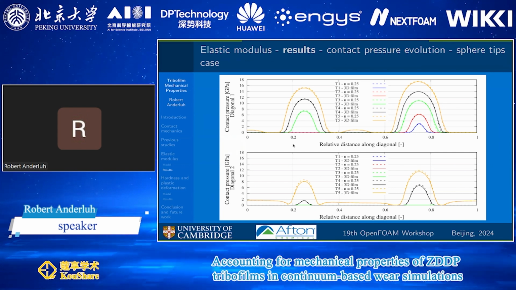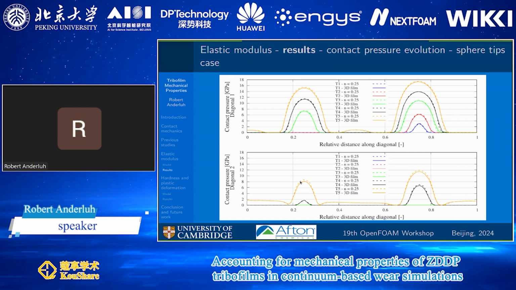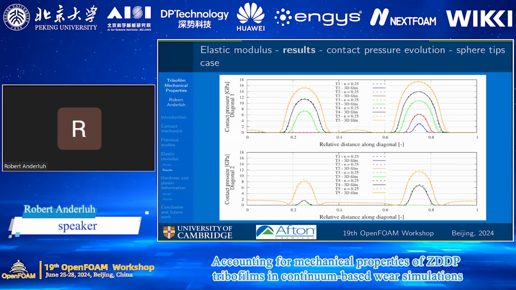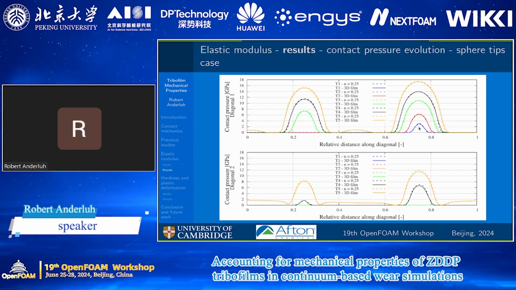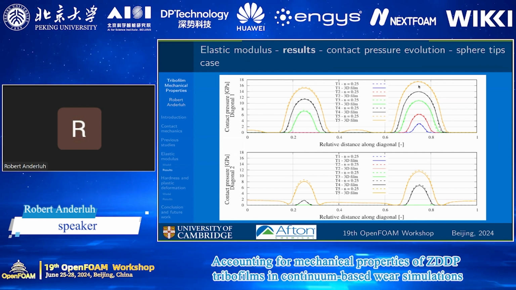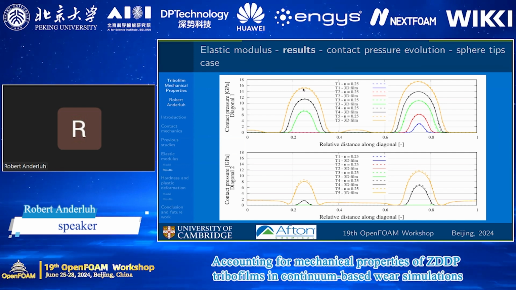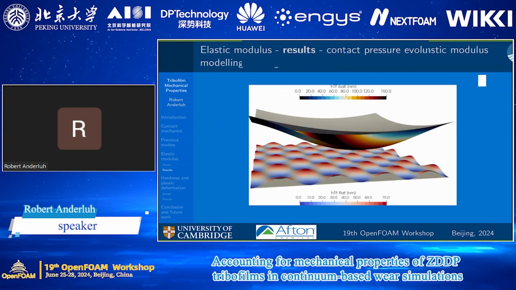Again, the dashed line is our model, and the solid line is a full 3D solids for foam simulation. We can see that even at lower loads, for example the blue line, or at higher loads, for example the yellow line, we get a very good match with the reference solution.